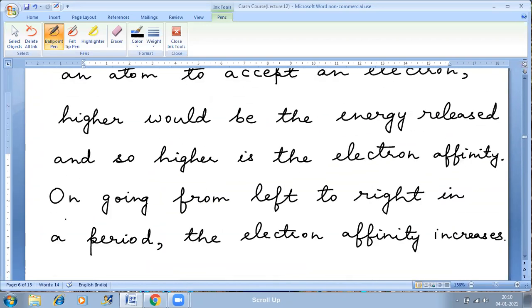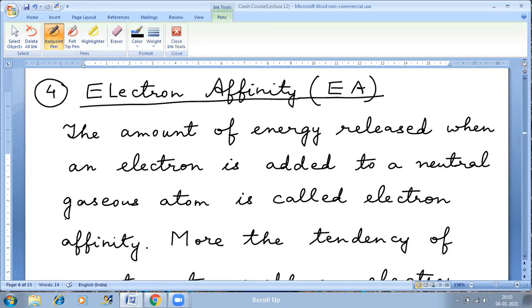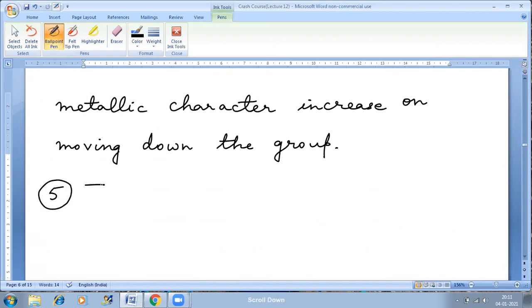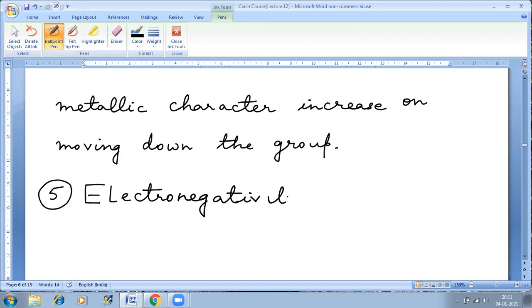Next one, electronegativity. It is denoted by EN.